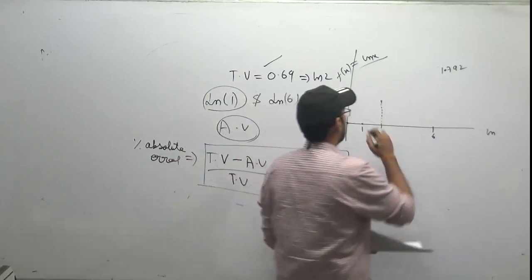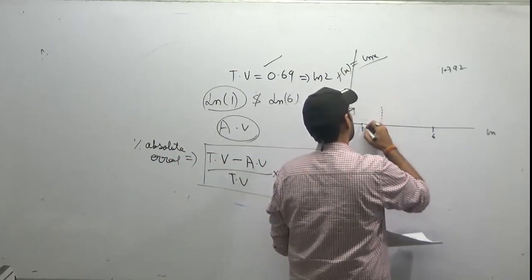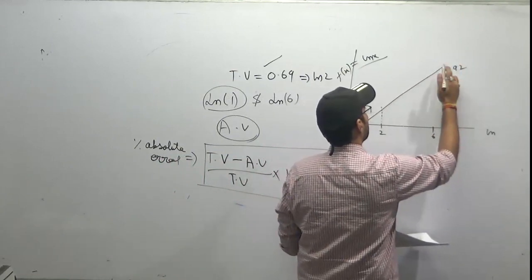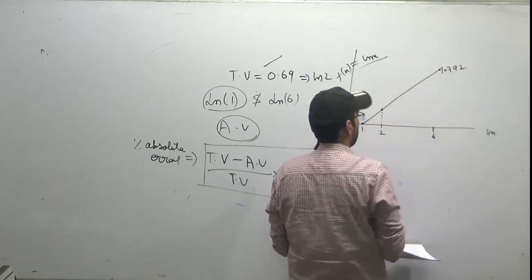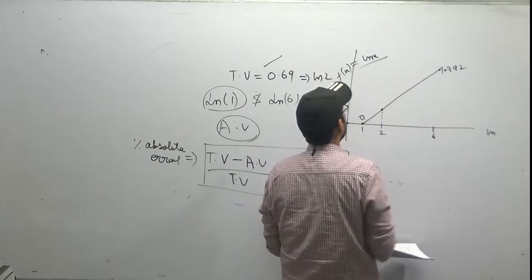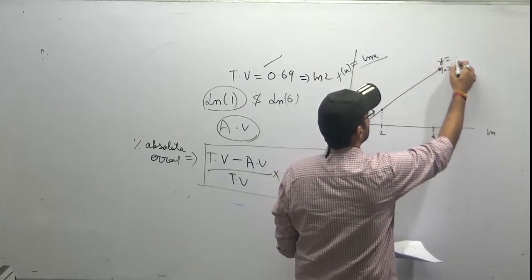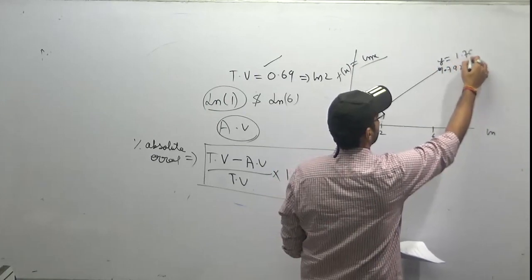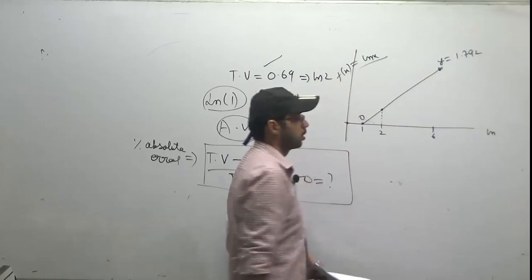So we know 2 points, we know 2 values. First, at ln1 we are getting y = 0. At ln6 we are getting y = 1.792.